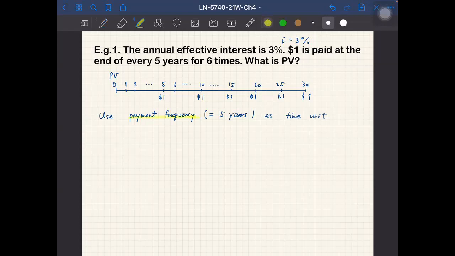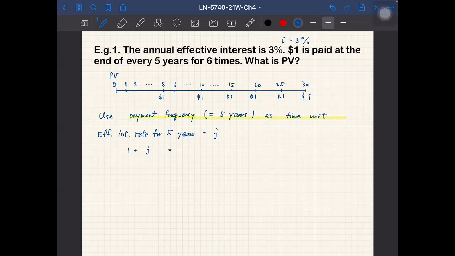So payment frequency as time unit. This is the key. Then we have to calculate the effective interest rate for 5 years. We define this as j.